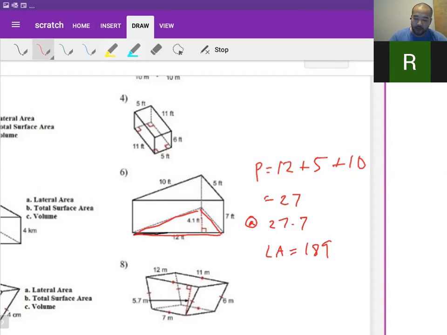Total surface area. So for part B, you take that 189 and then you add 2 times 1/2 the base of the triangle is 12.